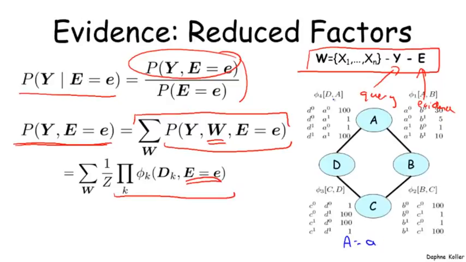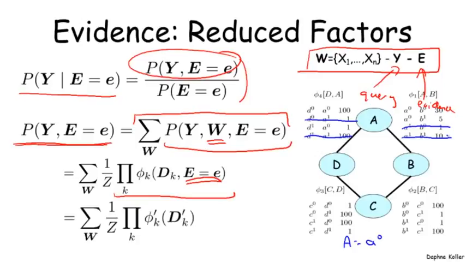What that means is that we're going to take every single one of those factors, and from every factor that involves A we're going to remove the entries that correspond to A equals little a1, because those are not going to be consistent with our observation A equals little a0. Once we've reduced those factors to be consistent with the evidence, we still have a product of factors, and we can go ahead and treat it in exactly the same way as we did before.